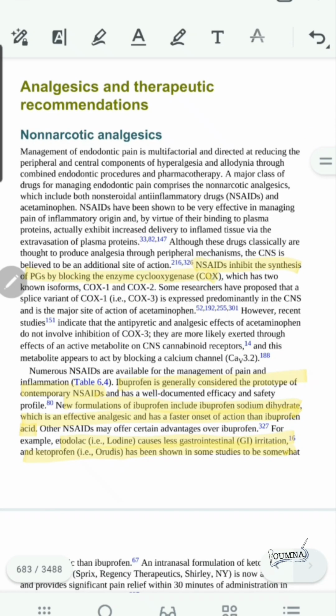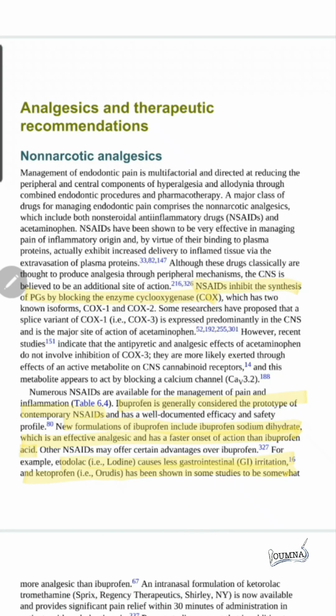non-steroidal anti-inflammatory analgesics, which means that the first analgesic that we use in dentistry is ibuprofen. It is always prescribed unless there is a contraindication like pregnancy and arthritis.